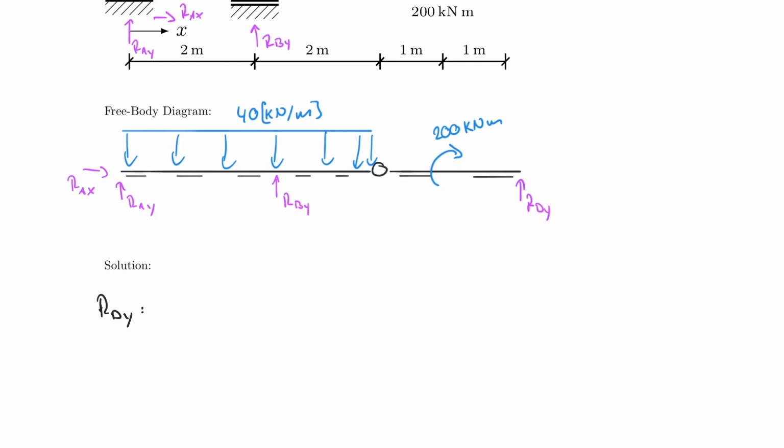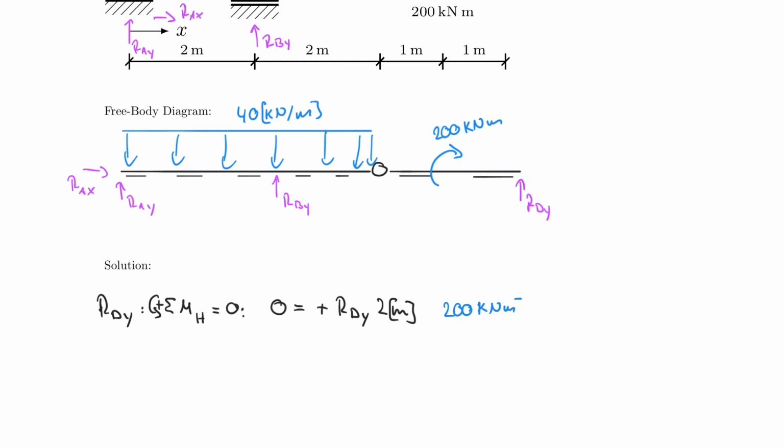And that is, to find RDY, I have to take the sum of the moments about the hinge being equal to 0, and that is counterclockwise positive, and 0 is equal to plus RDY multiplied by 2 meters, and then the 200 kilonewton meter.